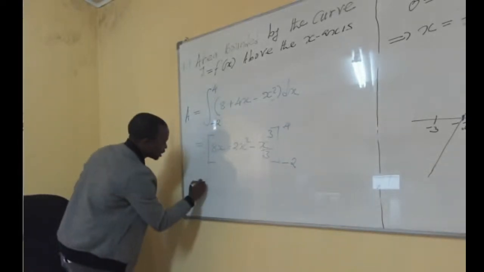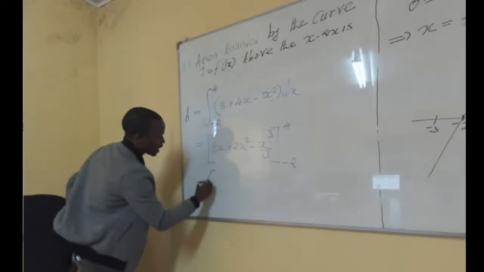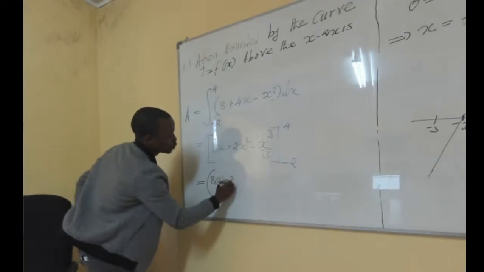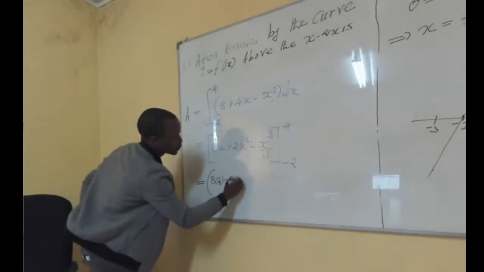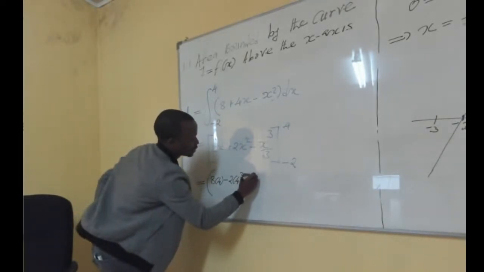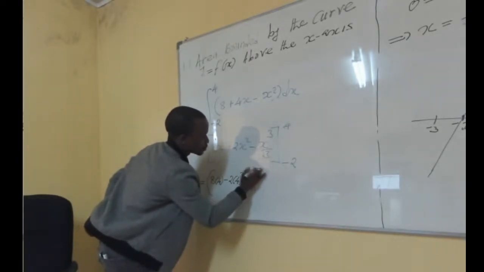So using the fundamental theorem of calculus, this is equal to 8 times 4 minus 2 times 4 squared, minus 4 to the power 3 over 3.